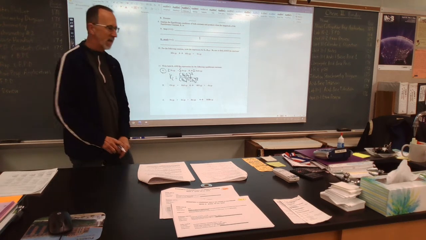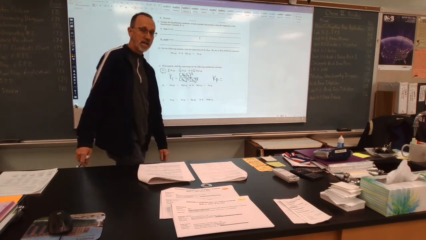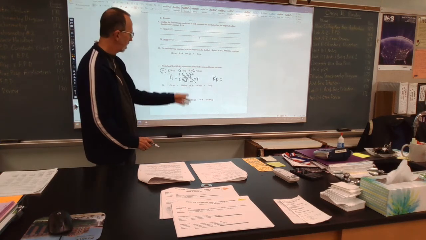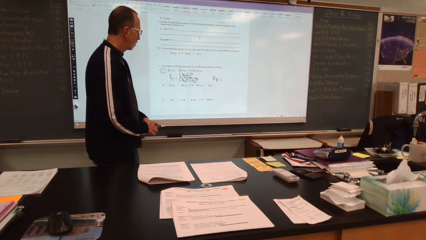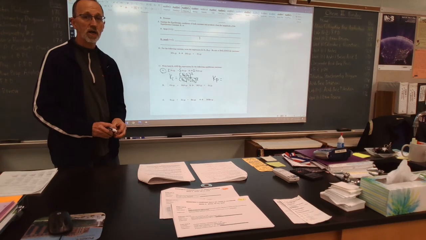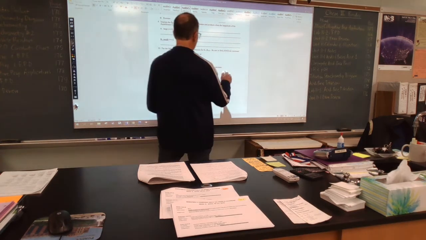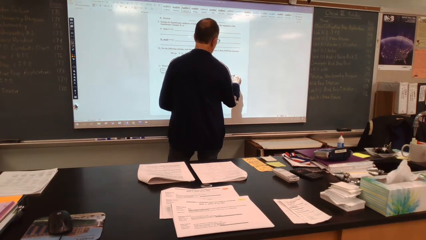It also wants us to write Kp for the same reaction. Now, this is one we probably use normally because these are all gases. But like I said, you don't have to. So instead of concentrations now, we're going to use pressures. Otherwise, it's the same setup. So we have the pressure of N2O5.